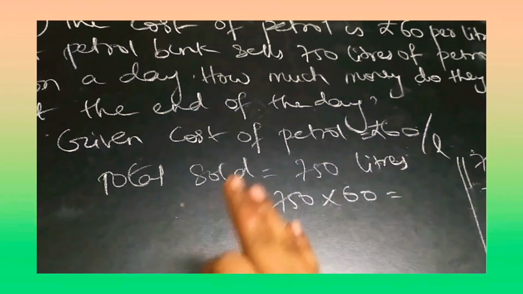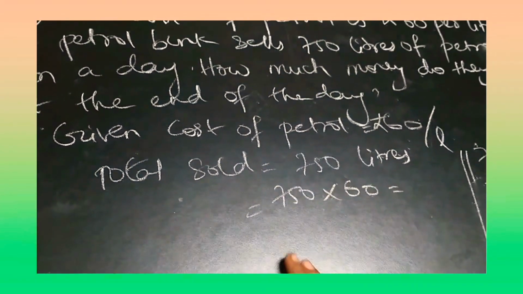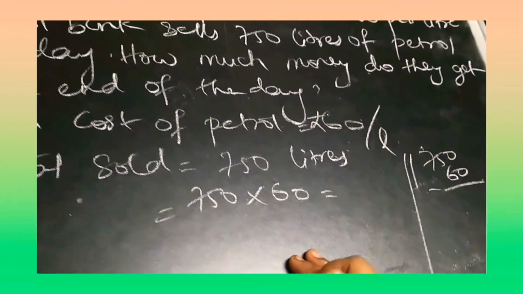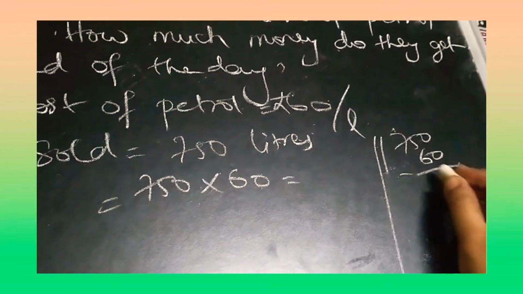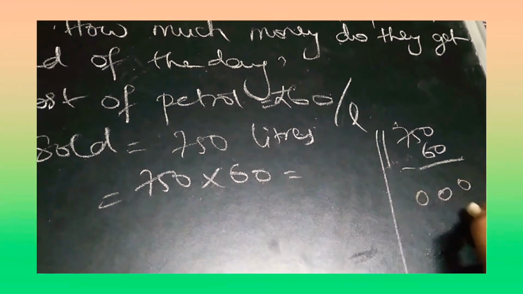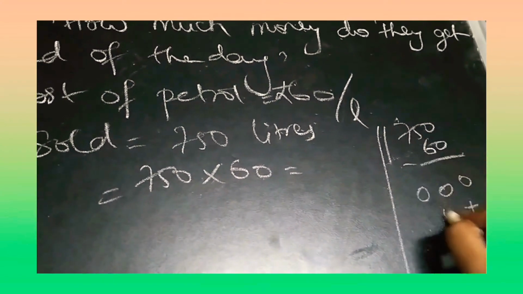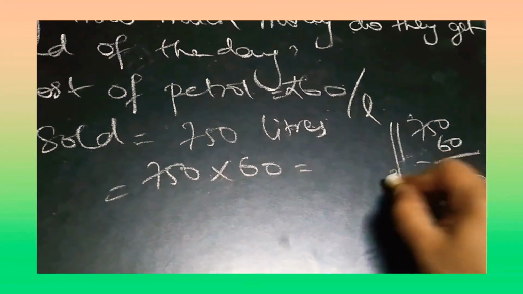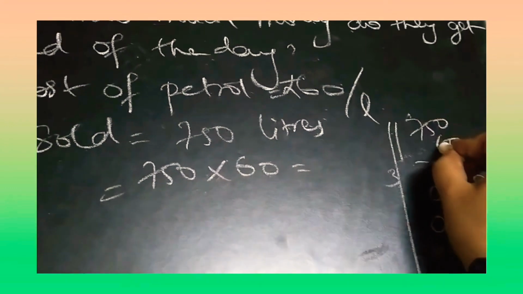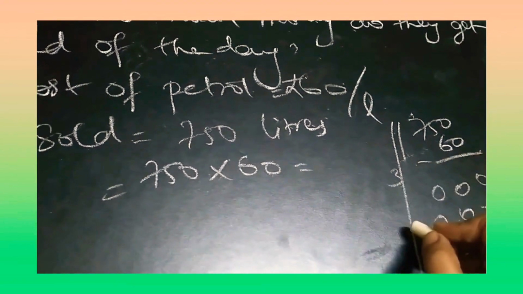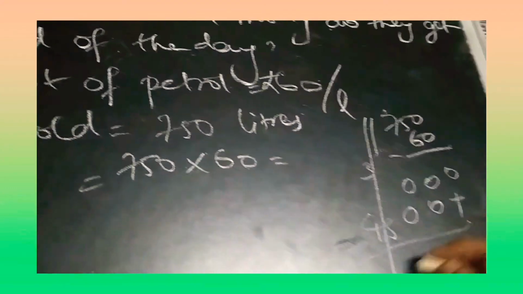What is the total sold here? 750 liters. So what you have to do is 750 into 60. 0 zeros are 0, 0 5s are 0, 7 zeros are 0. Again 6 zeros are 0, 6 5s are 30, 6 7s are 42, 43, 44, 45.